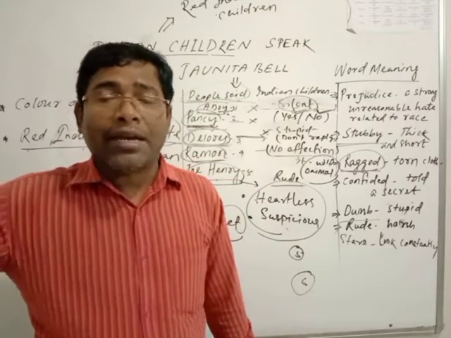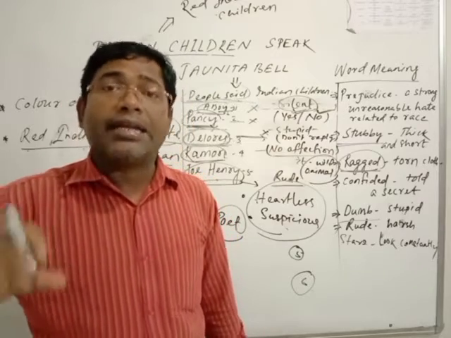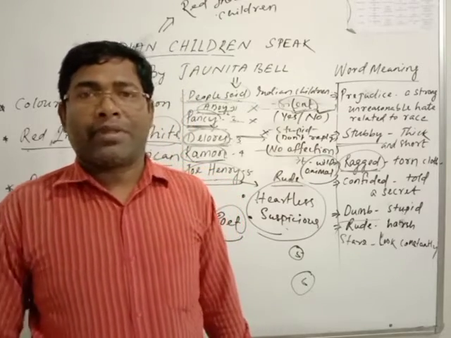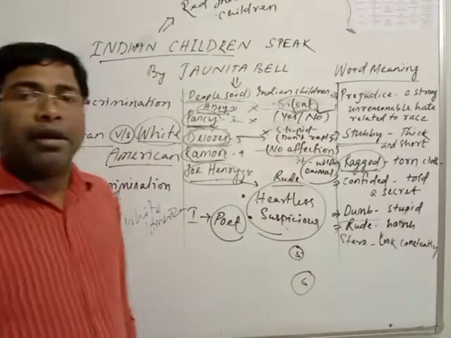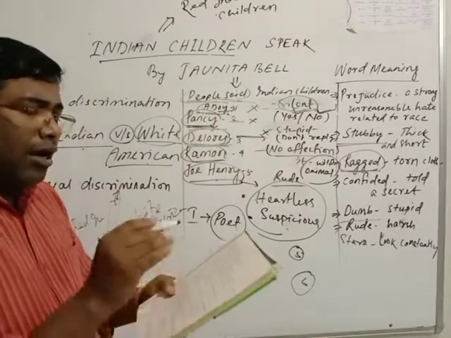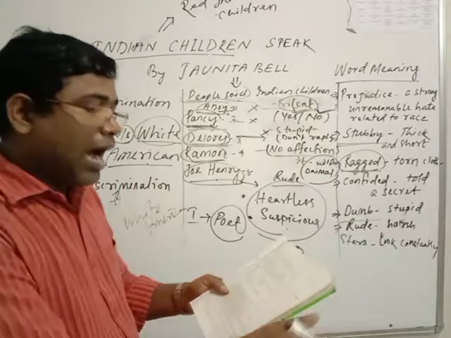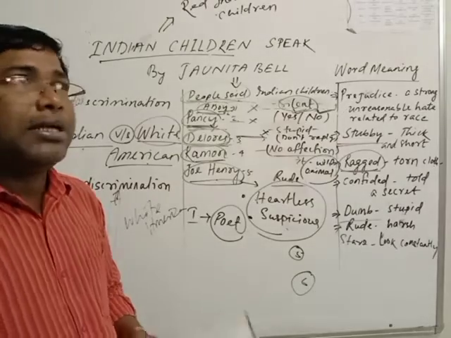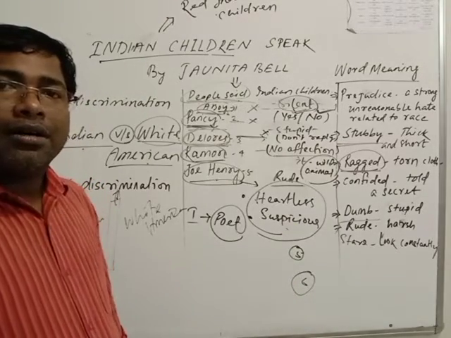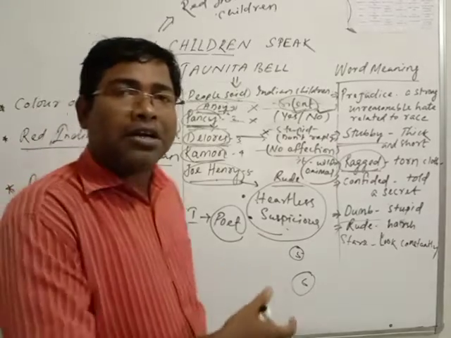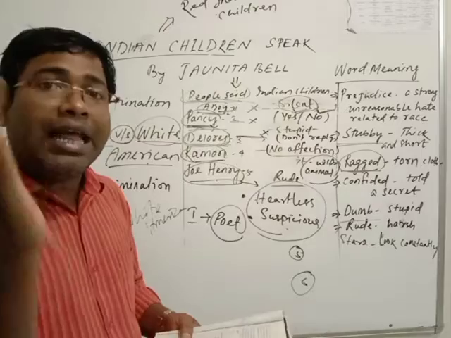But white Americans misunderstand and take it in the opposite way, and they cannot understand the real thought of red Indian people. That's why the iron door swung so wide, and I slipped into the heart of the Indian land. When I cannot get this discrimination, unknowingly I enter into the heart of the red Indian children or red Indian or Indian land.